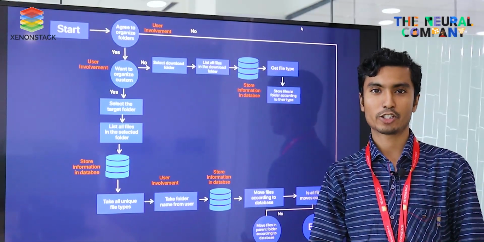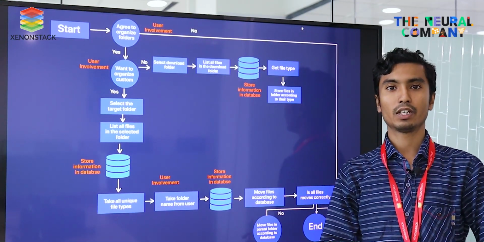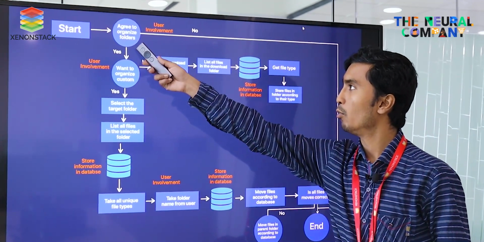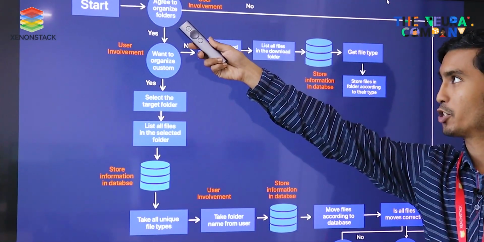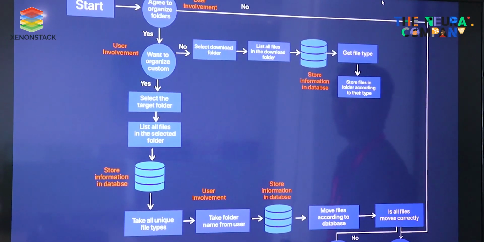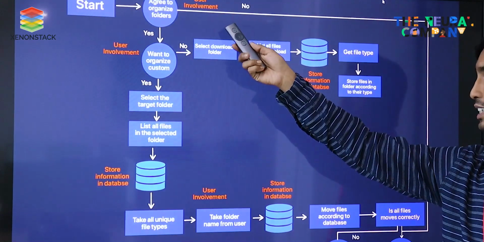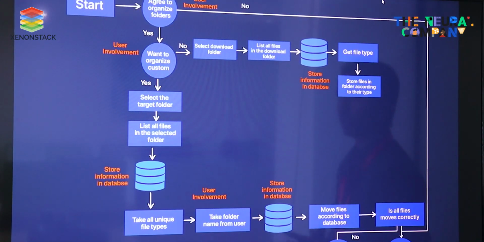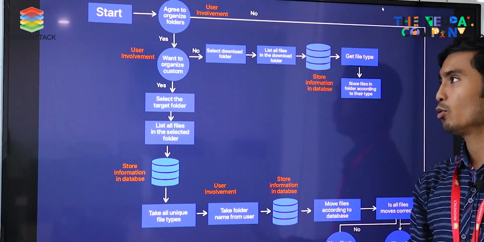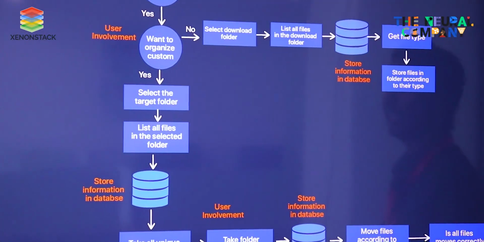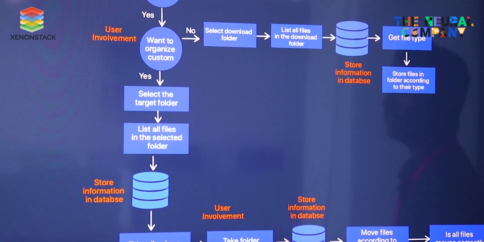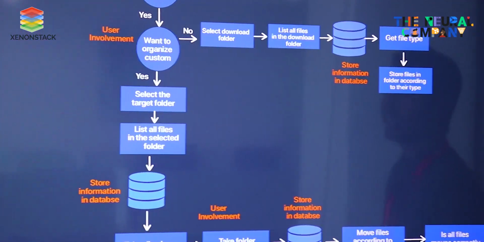Here is the implementation of the process with UiPath Studio. First, the bot will ask for permission whether the user wants to proceed or not. If the user disagrees, the bot will not proceed and will stop. If the user agrees to organize folders, the process will ask for user preference on whether the user wants custom organize.